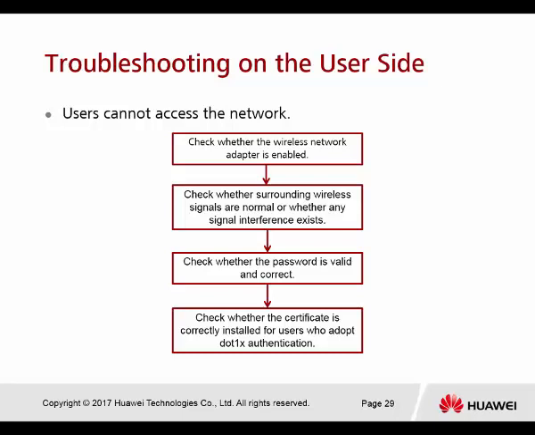They are not able to scan the wireless. So check whether the surrounding wireless signals are normal or whether there is any signal interference. Check whether the password is valid and correct. And last, check whether the certificate is correctly installed for the user who adopts .1x authentication.